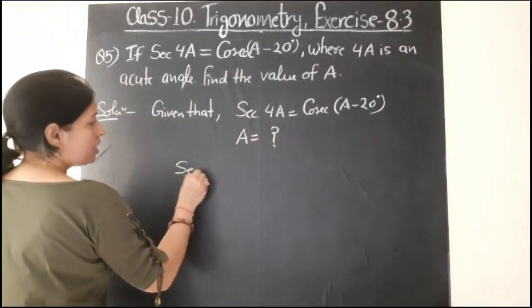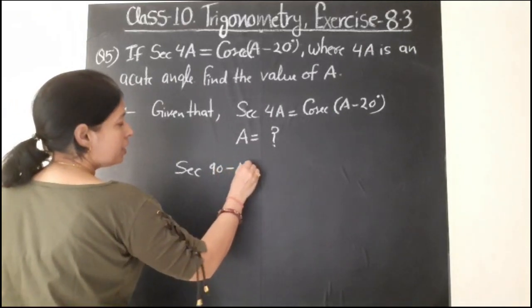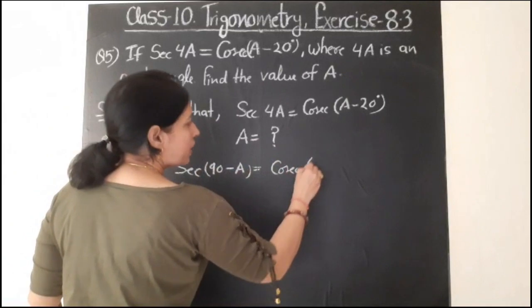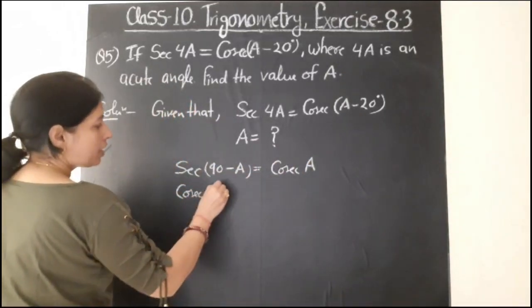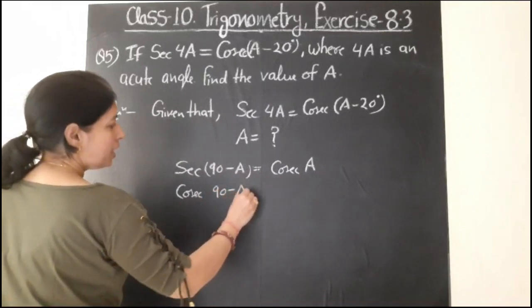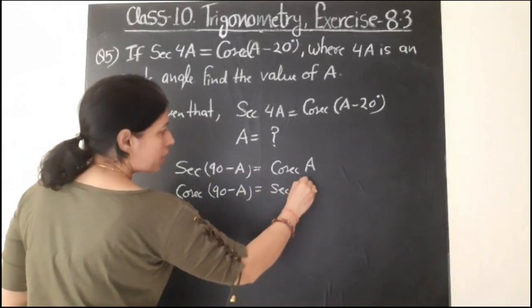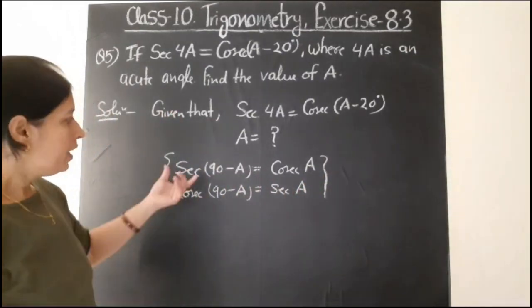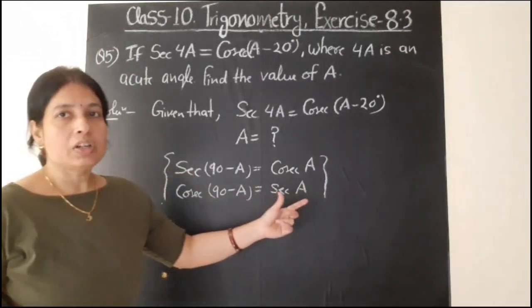Yes, it is sec 90 minus A is equal to cosec A, and the second one is cosec 90 minus A is equal to sec A. So use this formula.